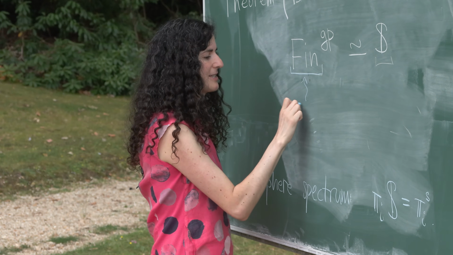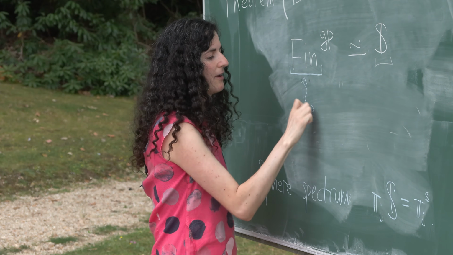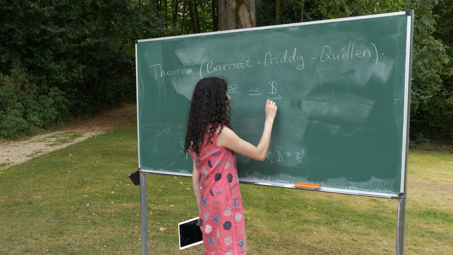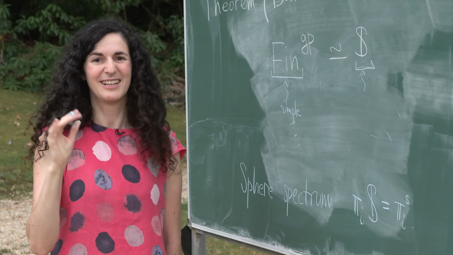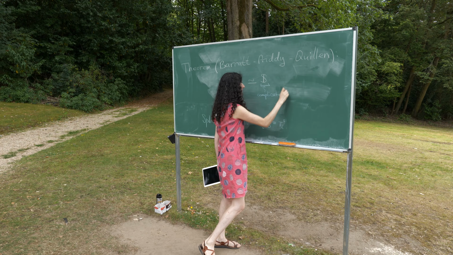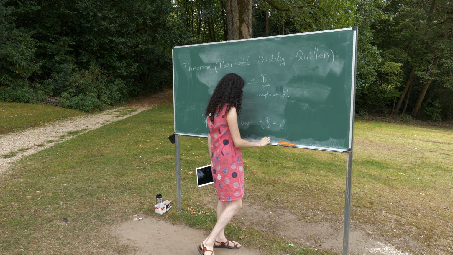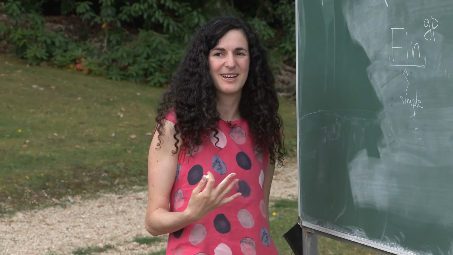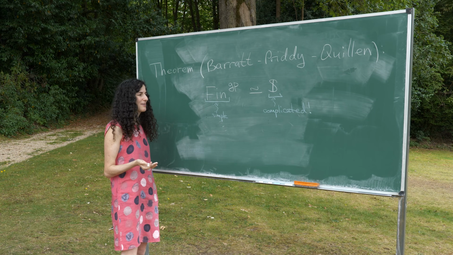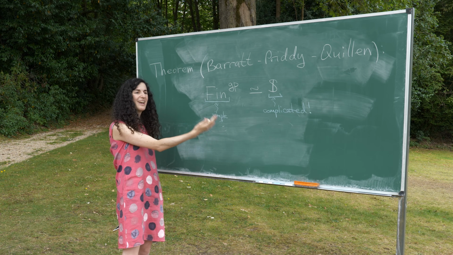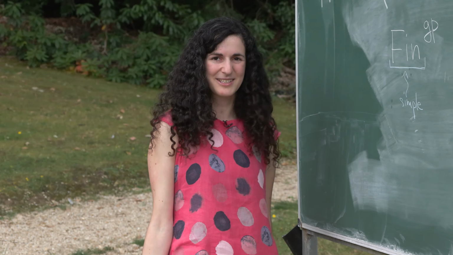Finite sets are a very simple object, and the stable homotopy groups of spheres encode lots and lots of complications. This theorem is one of my favorite results in mathematics because it relates such fundamental objects as finite sets and homotopy groups of spheres in an unexpected way.